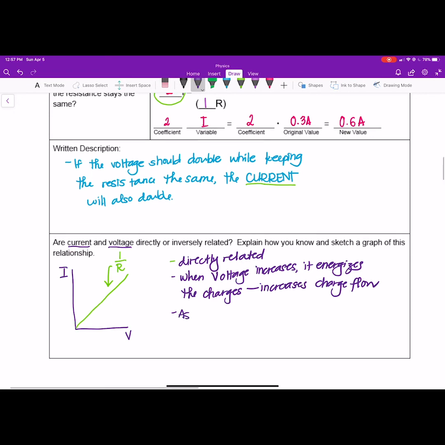And as voltage increases, current also increases. Okay, and that is number 2.